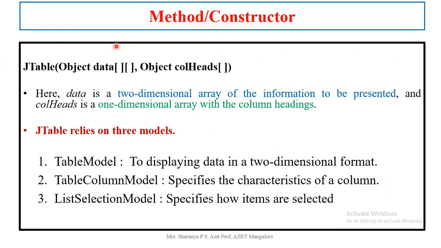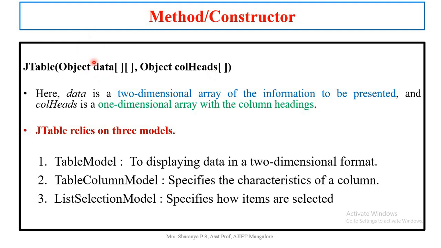And the constructor which is used to create the JTable is JTable. If we do not pass any argument, just an empty table will be displayed. If we pass JTable with data as the first argument and column heads as the second argument, what does this data refer to?